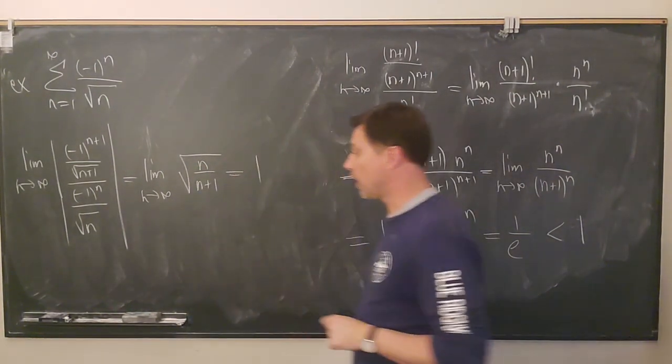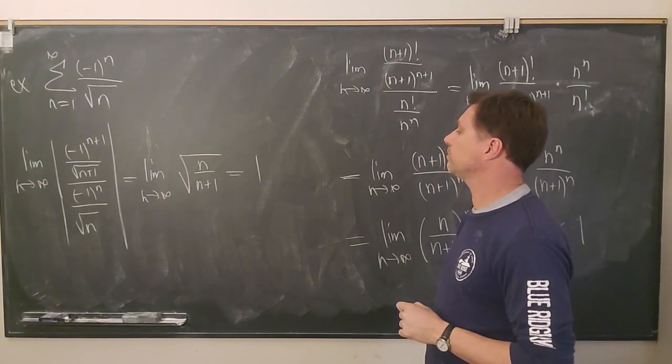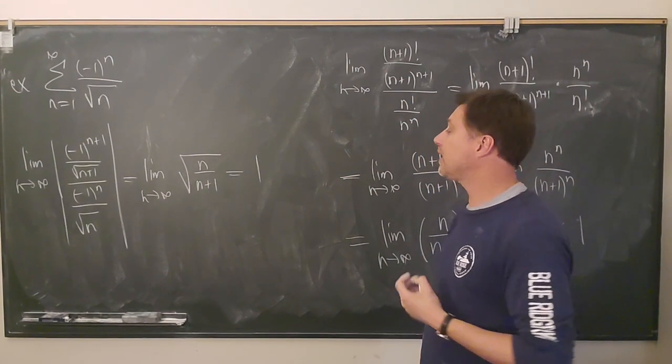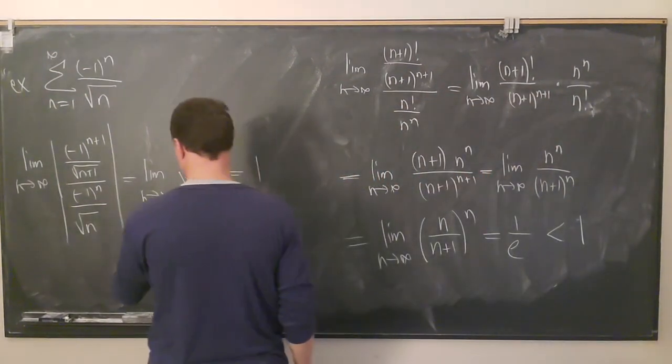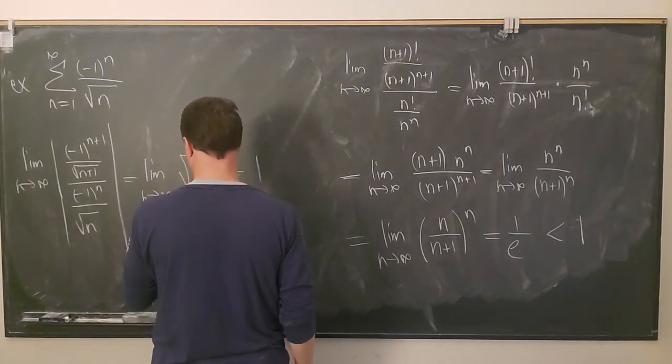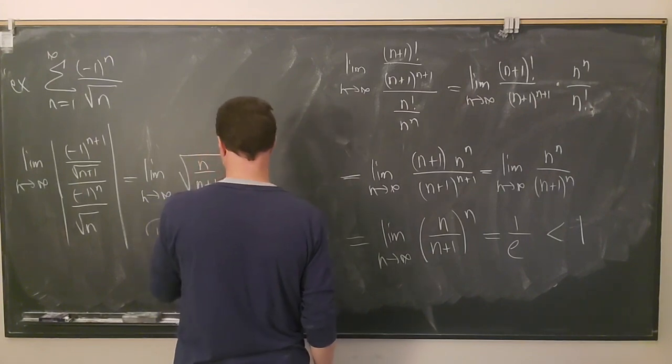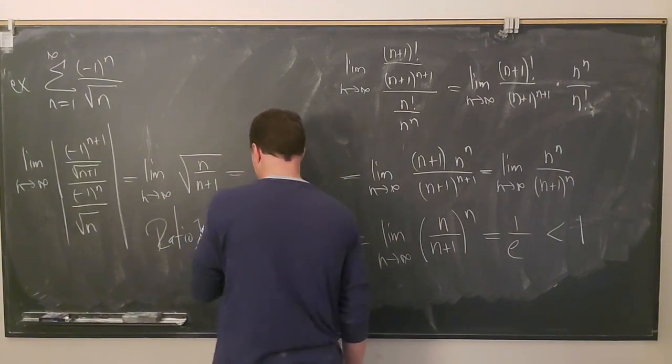That limit is equal to 1. So what does that tell us? It tells us the ratio test fails. It's inconclusive. And that doesn't mean stop. That means try a different test.